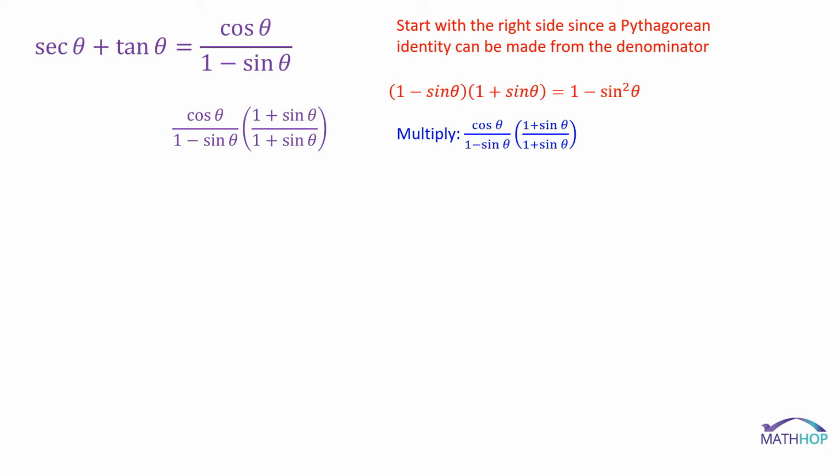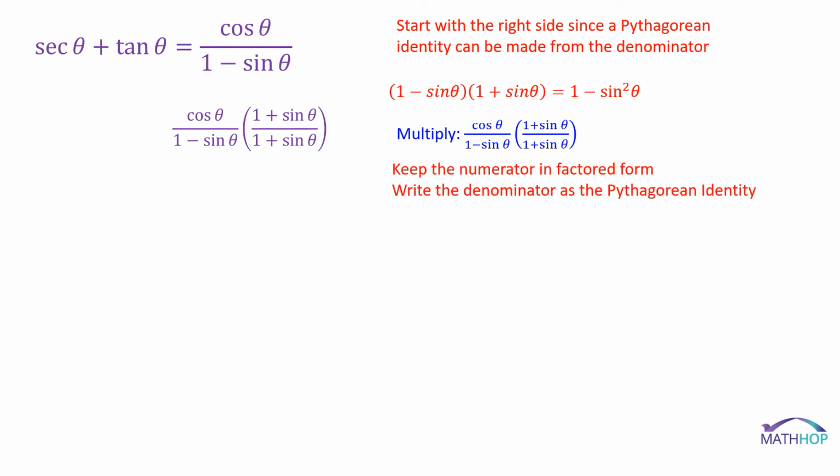All right, so what we're going to do is keep the numerator in factored form, and we're going to write that denominator as our Pythagorean identity, which is nice because I don't have to distribute my cosine of theta just yet. We're just going to write cosine theta times 1 plus sine of theta, and then we're going to write it all over 1 minus sine squared. All right, now what do we see? Well, I wanted to write 1 minus sine squared because 1 minus sine squared is equal to cosine squared.